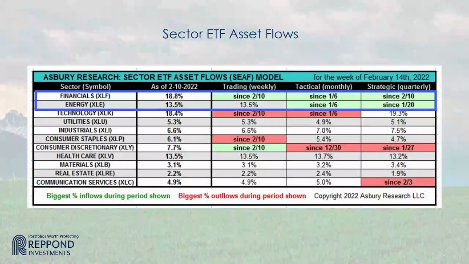Financials, this would be companies like JP Morgan, Citibank, Goldman Sachs, the brokerage firms and banks that make up the financial sector. Energy, which is made up primarily of oil companies, is positive in 2 of the 3, the monthly and the quarterly. So that shows strength. The flow of money is going into those sectors. And if you look at them, the financial sector is actually down.